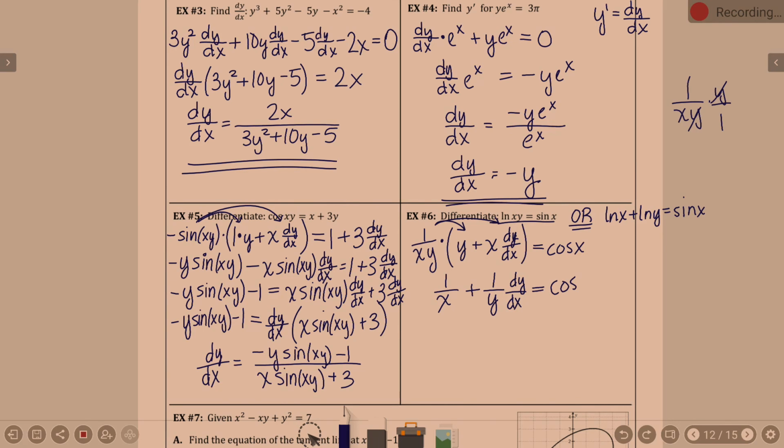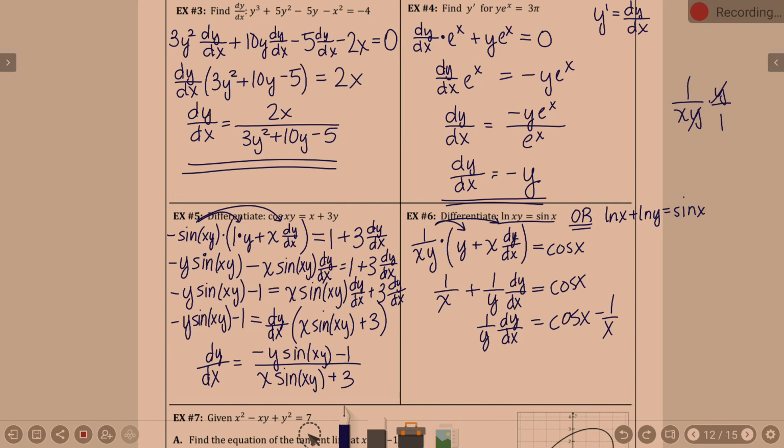If you had done this one, taken this first step, you would be at the same second step. So if you went this way, you're at my same next step. I want dy/dx by itself, so I'm going to keep 1 over y dy/dx, keep cosine x where it is, and subtract 1 over x.